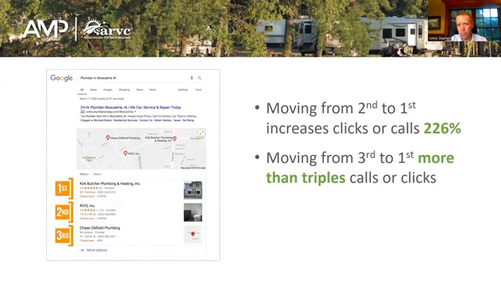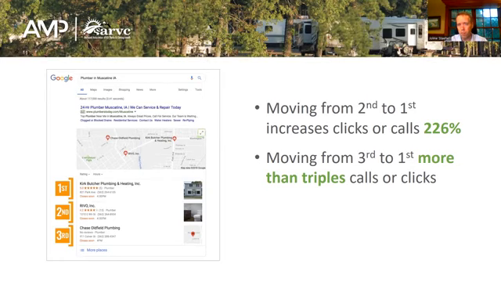How you rank in returned search results, this is an example from a desktop, but it's the same. In fact, it's probably a more extreme case on mobile, where value either being created or lost is really important. It's great to show up in the top 3, but there is a huge difference in the number of calls or visits that you'll get if you go from second to first or third to first.